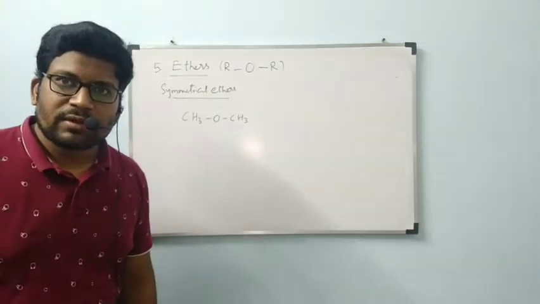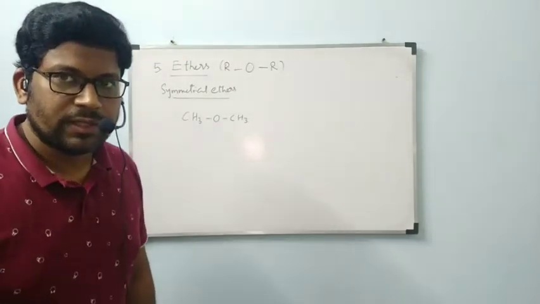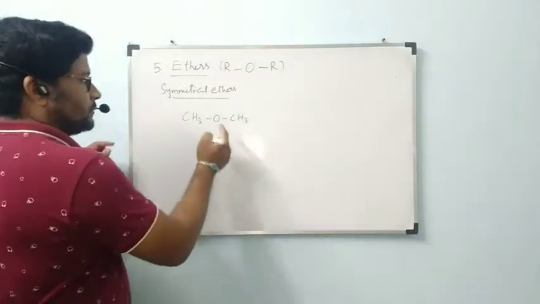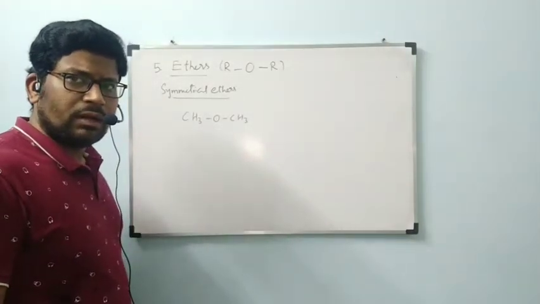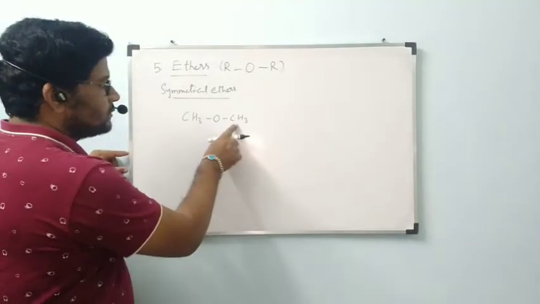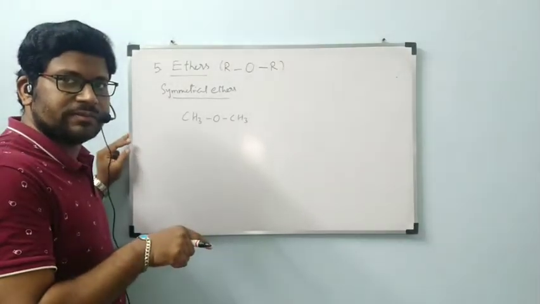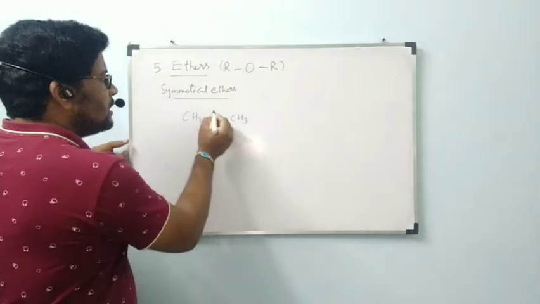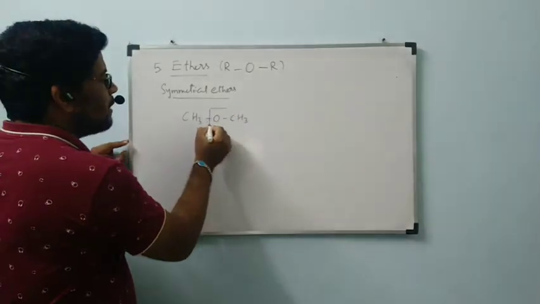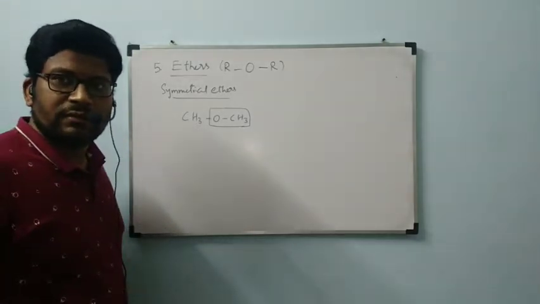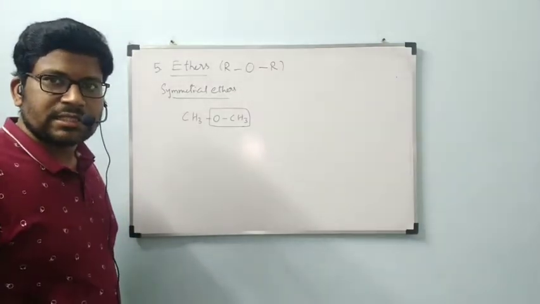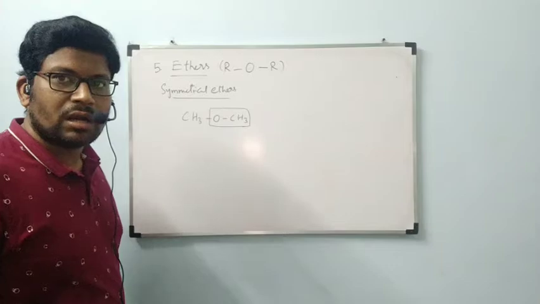Both have the same number of carbons. Then you have to do one thing: take any alkyl group, as they contain the same number of carbons, and join it with oxygen. That is called alkoxy.